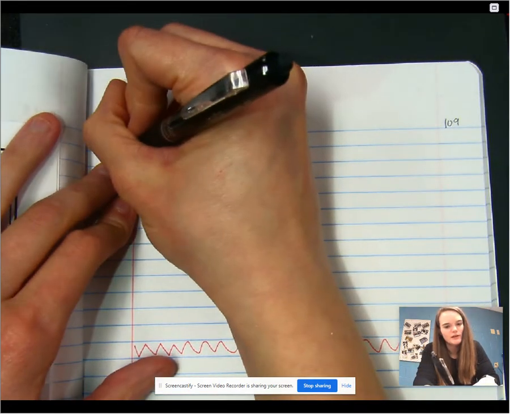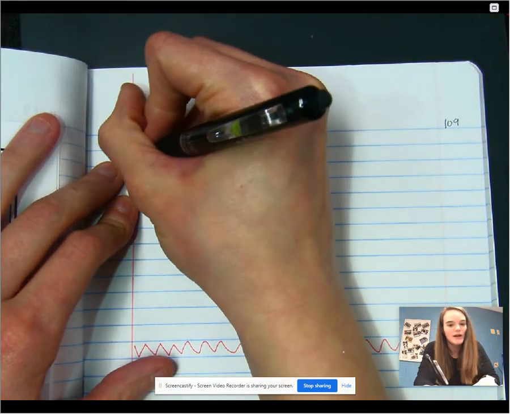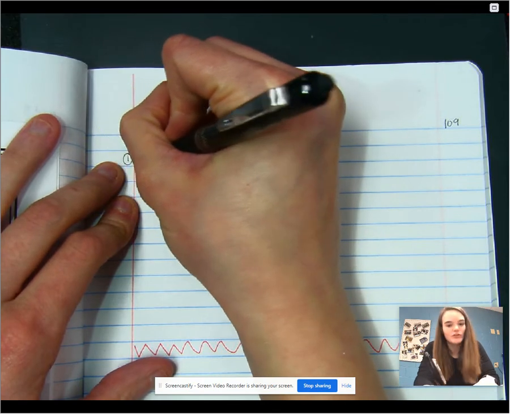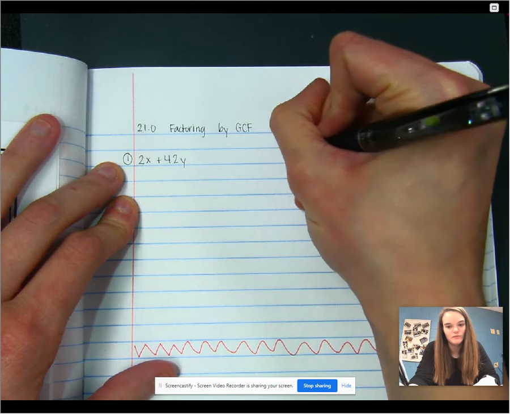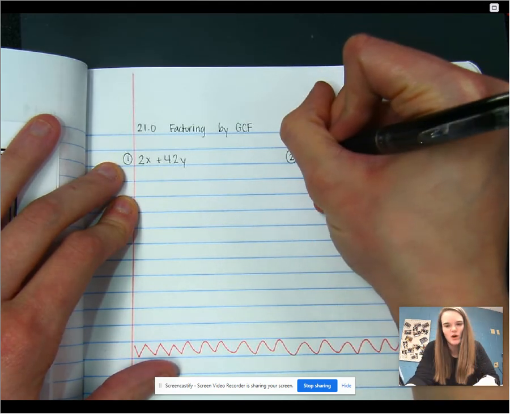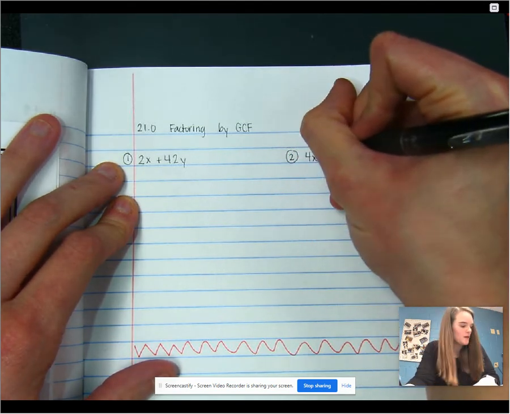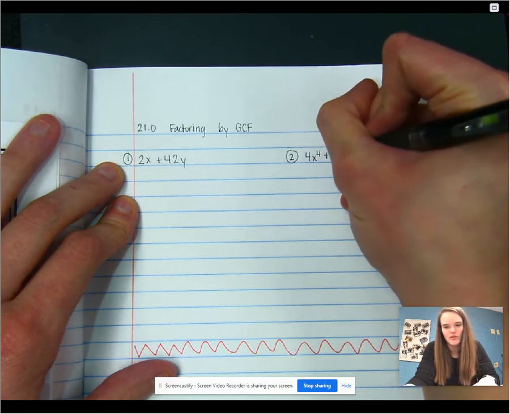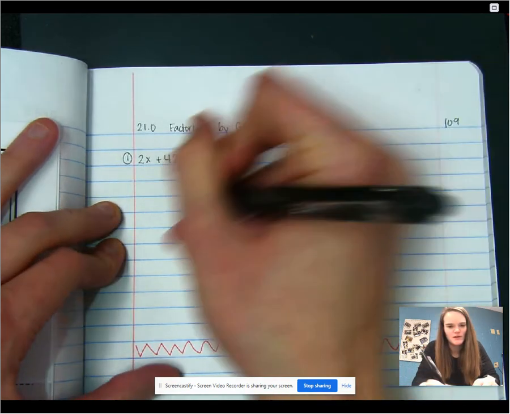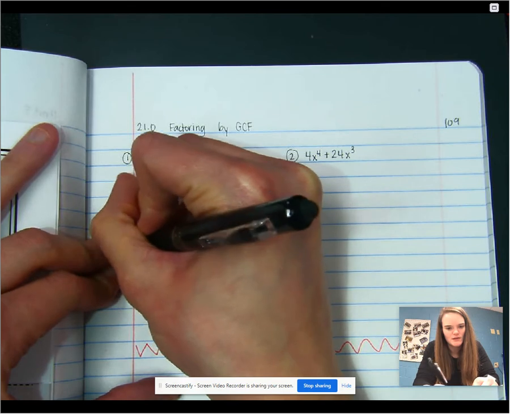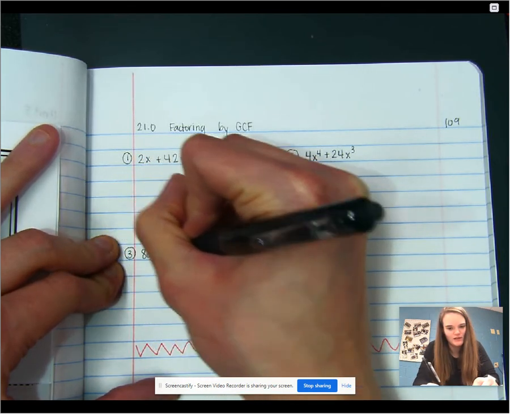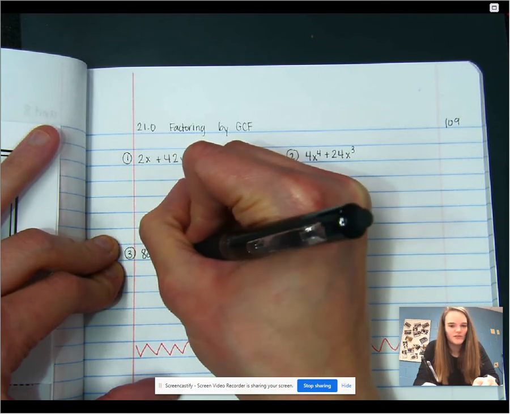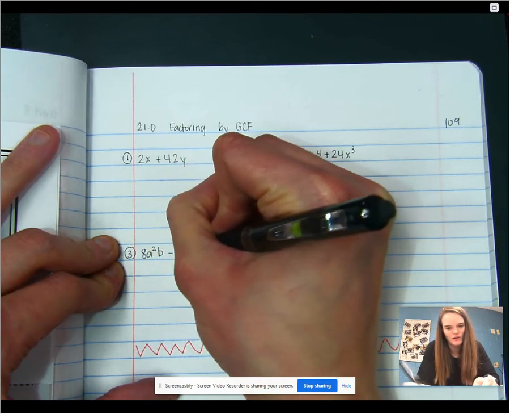Number 1, 2x plus 42y. Number 2, 4x to the 4th plus 24x to the 3rd. Number 3, 8a squared b minus 6ab squared.